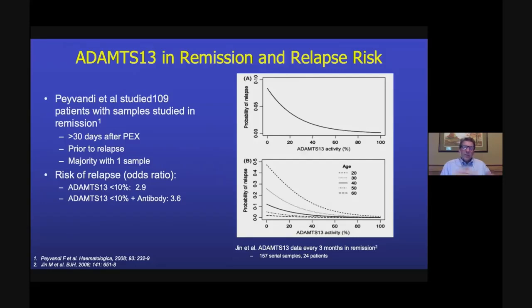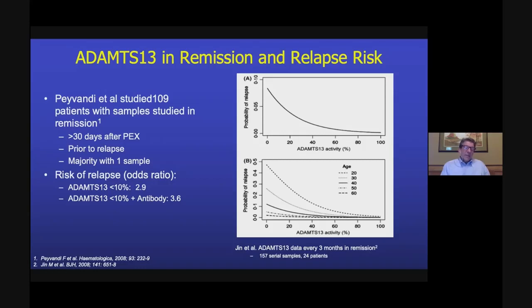This slide looks a little complicated, but we'll just simplify it. And this is looking at people's ADAMTS13 activity in remission. So when they're clear of their acute episode and they have labs tested in the outpatient clinic. And one group, Dr. Flora Pavani from Italy, measured the ADAMTS13 activity more than 30 days after the last plasma exchange, but before they ever had a relapse.